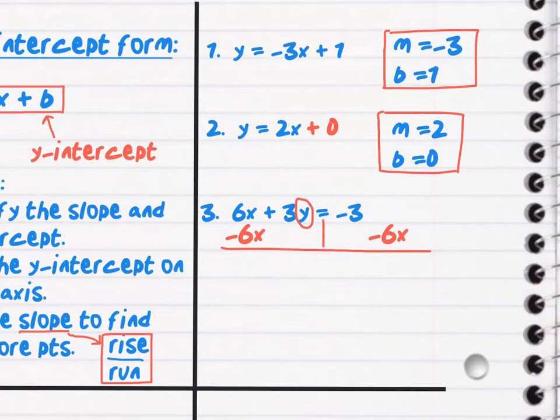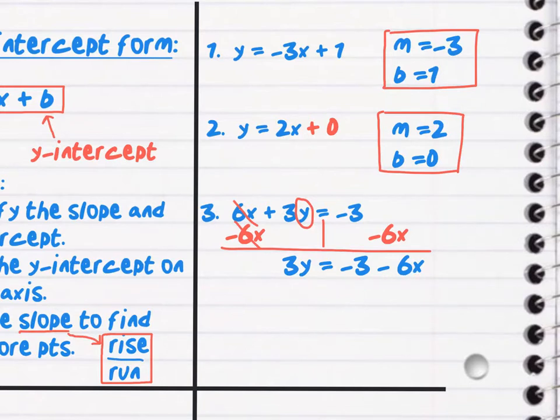So go ahead and write minus 6x, and on this side here, those 6x's are going to cancel out. They're going to become zeros. And on the right side, I put the 6x over here to the right of the negative 3 because they're not like terms. So now our new equation is going to look like this. It'll be 3y equals negative 3 minus 6x.